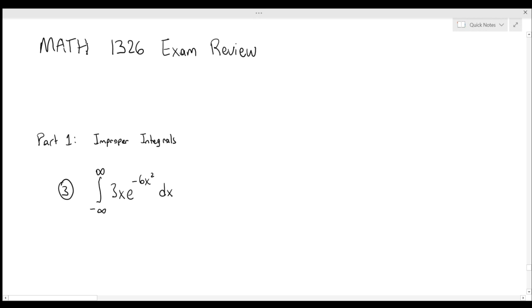All right. So when you have an integral from negative infinity to infinity, the way that you're going to evaluate this is you're going to split it into 2 improper integrals.